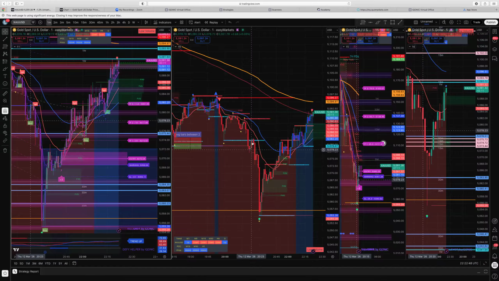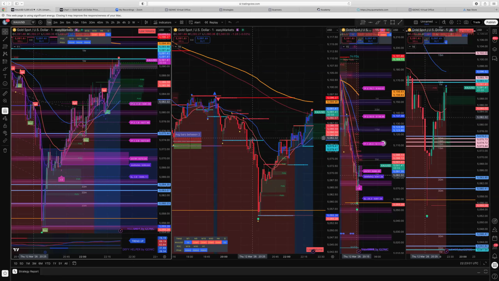Look, 5077 to, what's that? 5082, right? So that wasn't massive, but it still pulled back. So remember, it's always going to pull back. So as long as you give yourself that space for that little pullback, you won't get taken out so quickly.